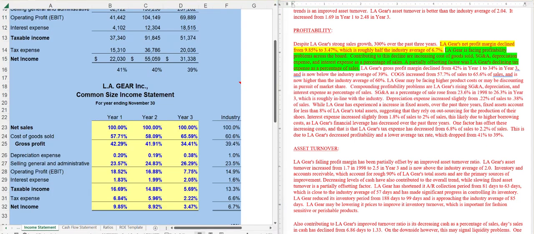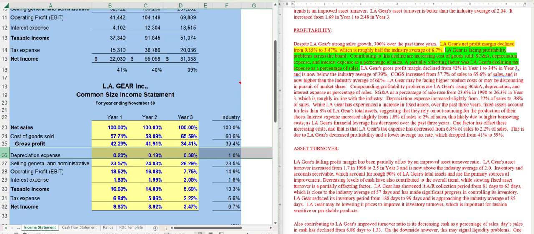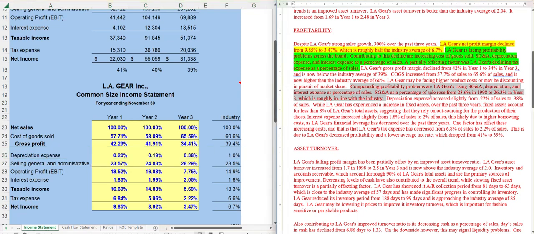And we can see that here on our common size income statement. Next, tell me about depreciation expense. Depreciation expense went from 0.2% of sales to 0.38%. So depreciation expense increased slightly from 0.2% to 0.38%.